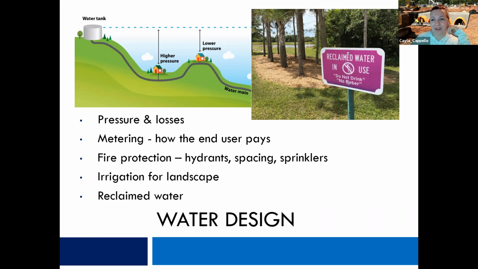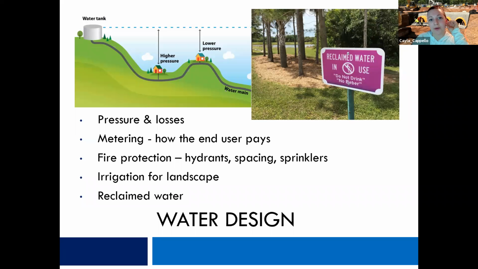So we'll want to definitely take that into account. In a bad situation, if someone's house catches on fire, they need to make sure that there's a hydrant close by so they can put it out. Irrigation is also a big one. I wanted to mention reclaimed water since it's super interesting and kind of a newer deal, but that's a really creative way to be a little bit more resourceful.